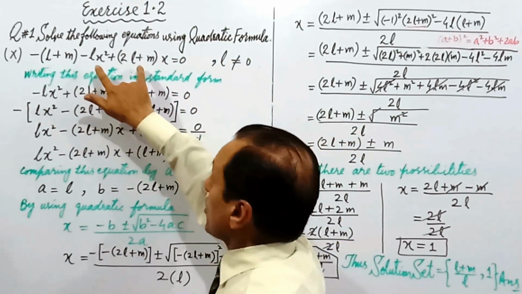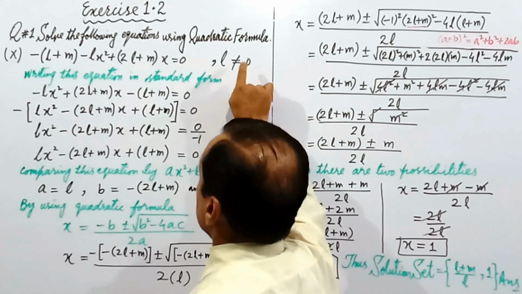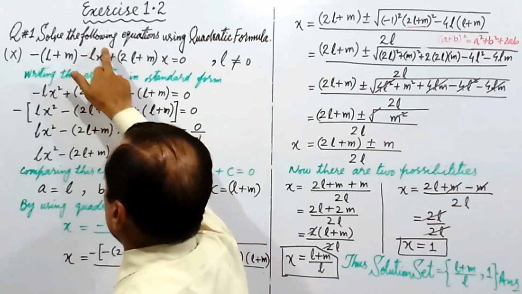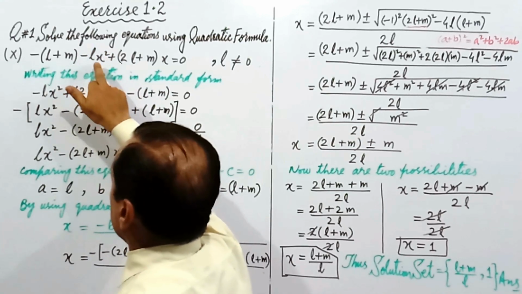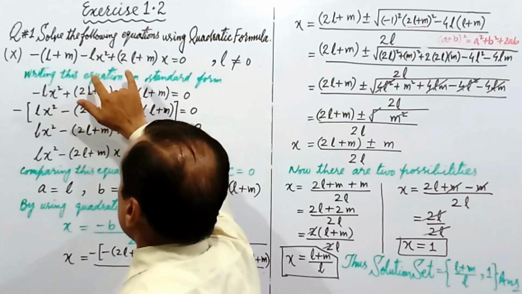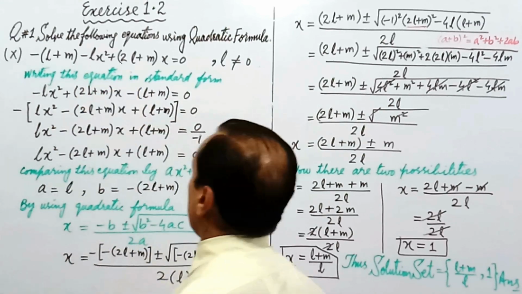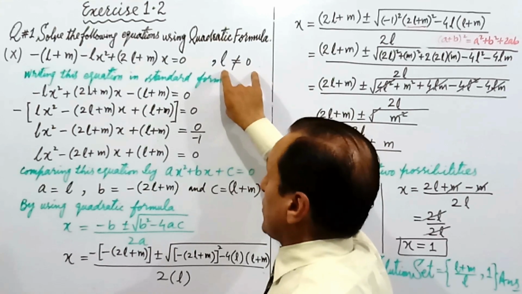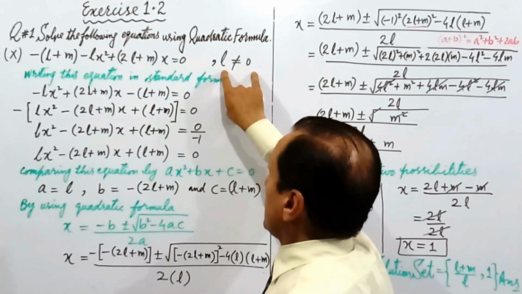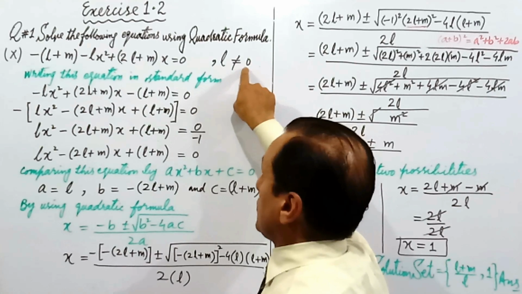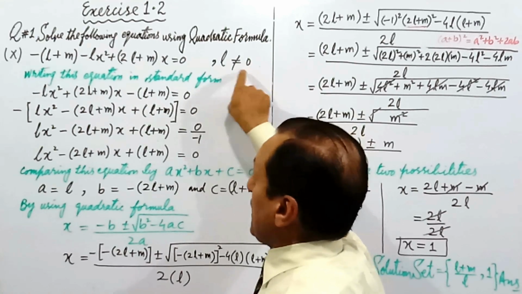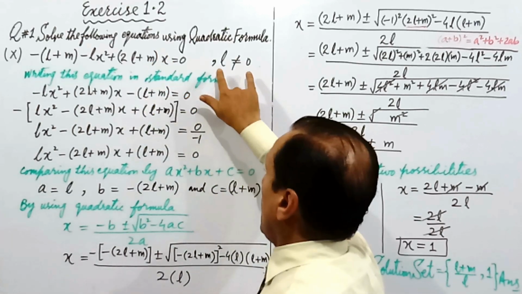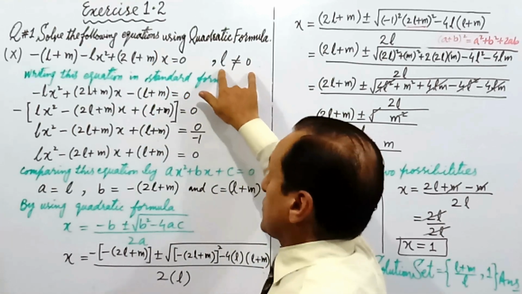As this is a quadratic equation, if we replace L with 0, then the quadratic term is eliminated and it will become a linear equation. So that's why these conditions are given. If you are required to solve these by substituting values, you are not allowed to put the value 0, because 0 will make this equation a linear equation that will not remain quadratic. You now are aware of why these conditions are written.